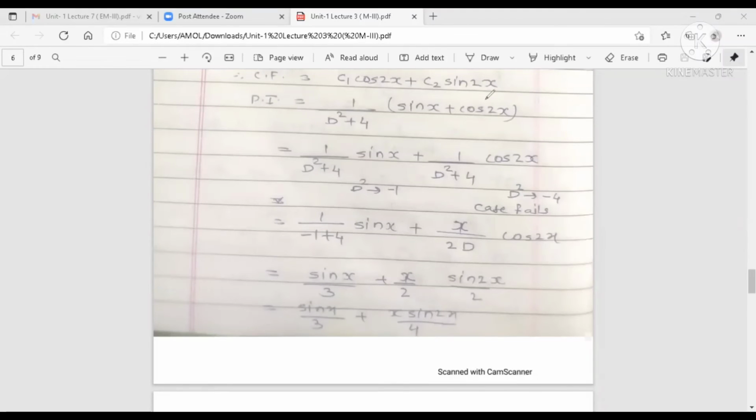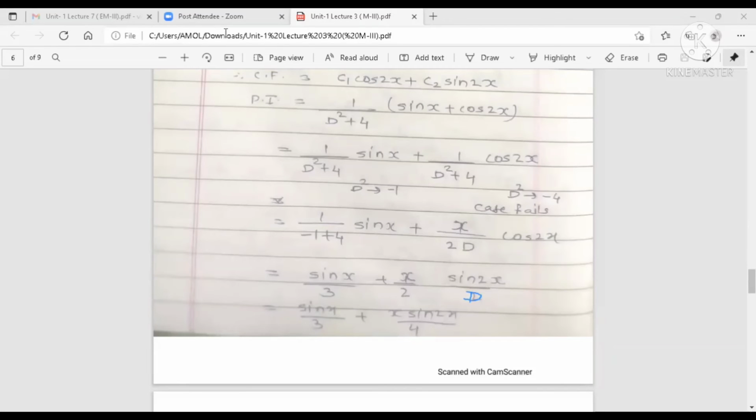And this is d here. The term is here x by 2 into... sorry, actually it is the calculator term.